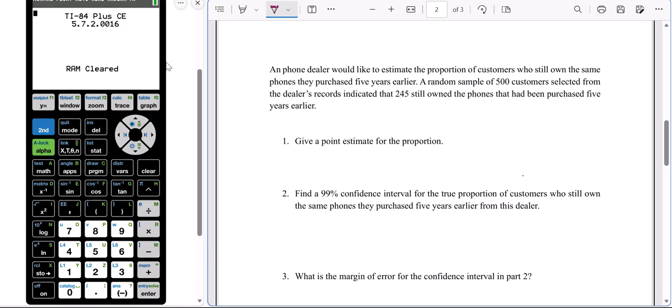Now here, we are dealing with proportion. And for proportion, here we assume that the population standard deviation is given, even though we don't need it. So the same approach for constructing the confidence interval will be used, which is the point estimate minus the margin of error, and the point estimate plus the margin of error.